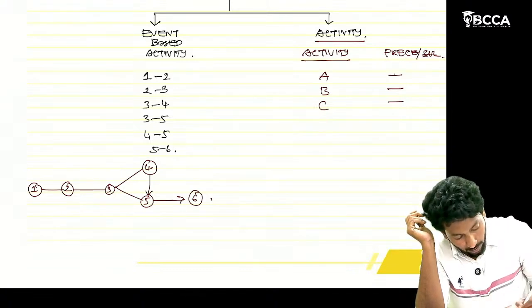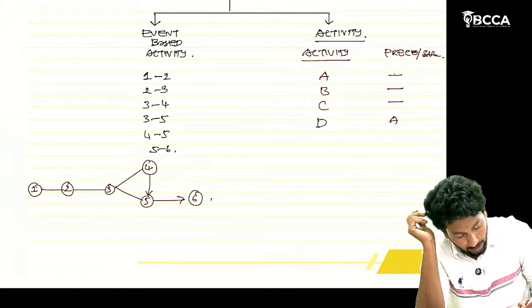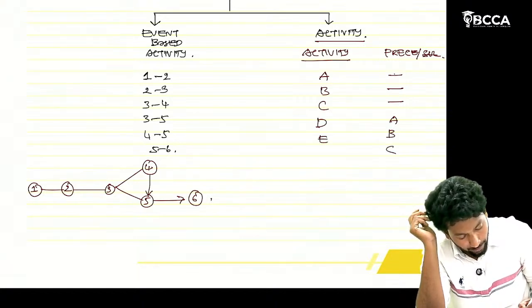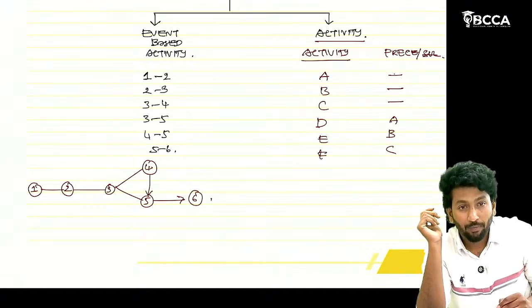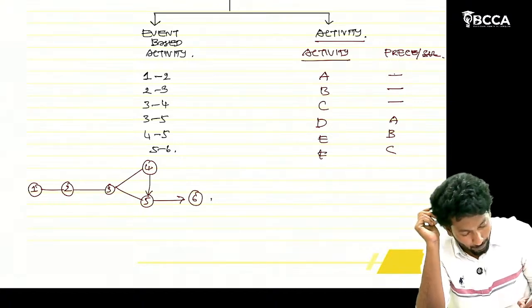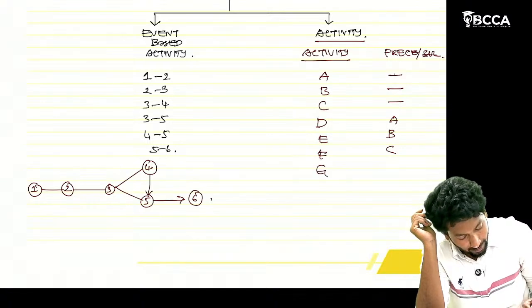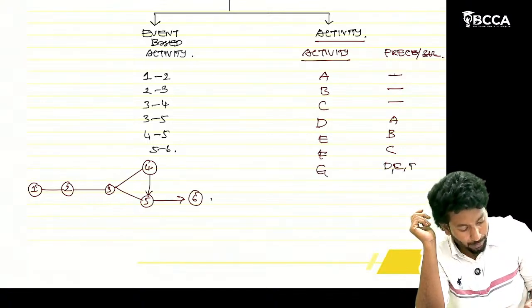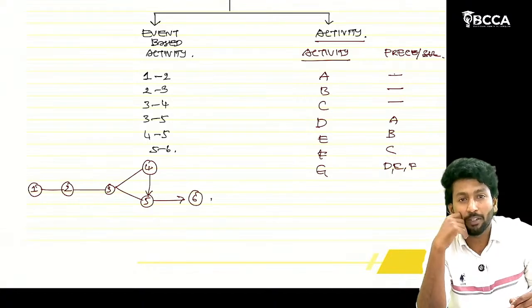After A ends D can start, after B ends E can start, after C ends F can start. Then for G, the preceding activities are D, E, F. Like this a question can be asked.